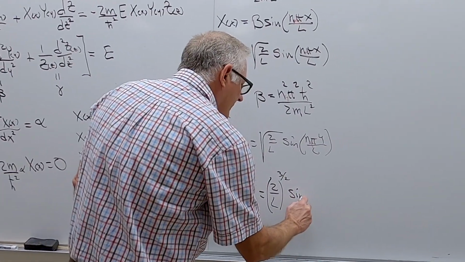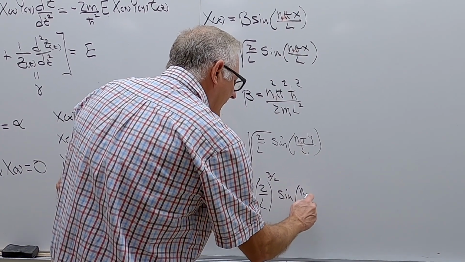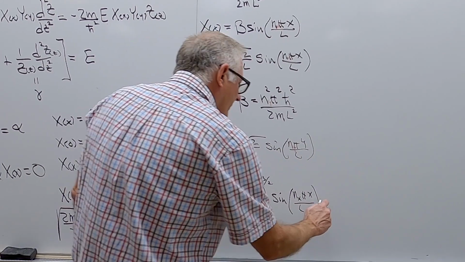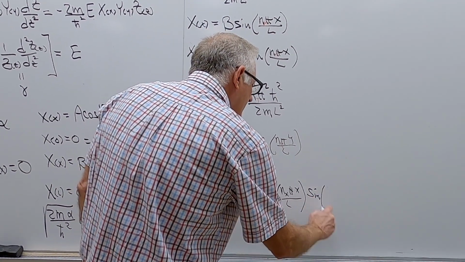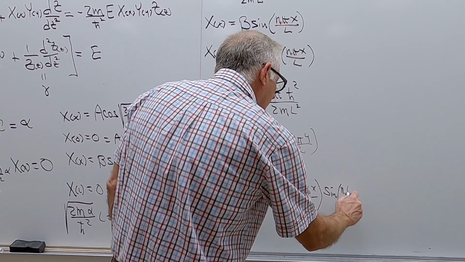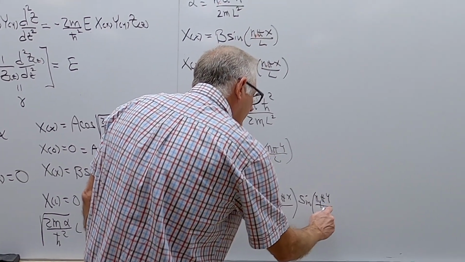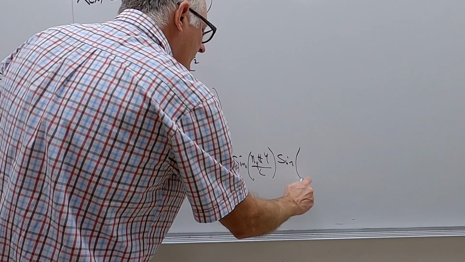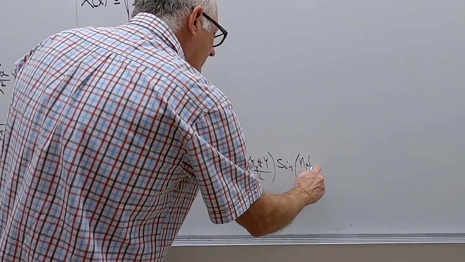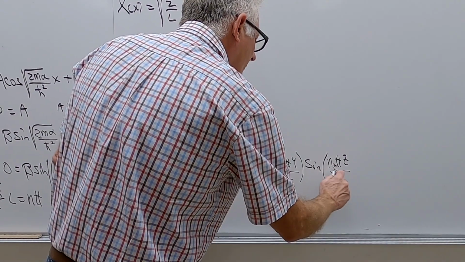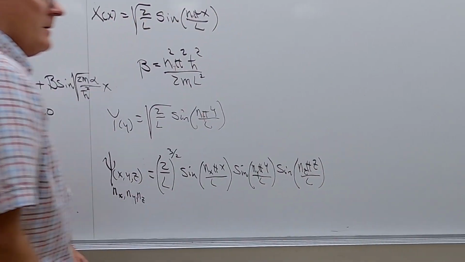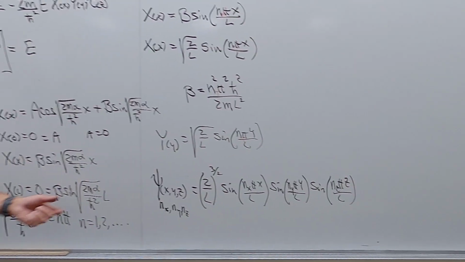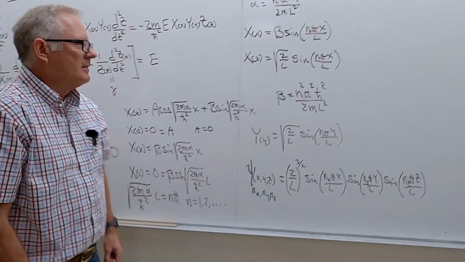The sine of nx pi x over L, sine ny pi y over L, times the sine nz pi z over L. That would be the wave function, all the wave functions in this.